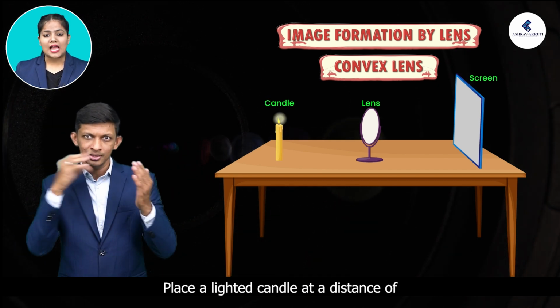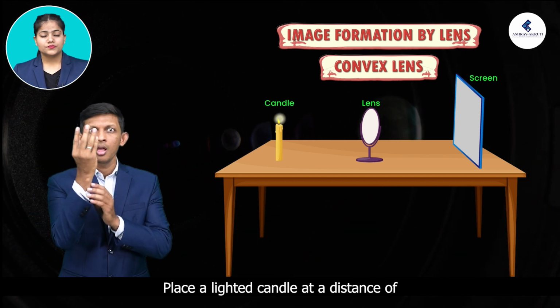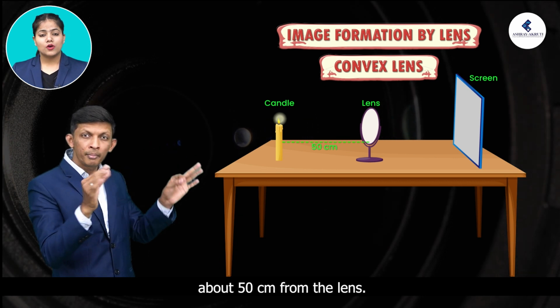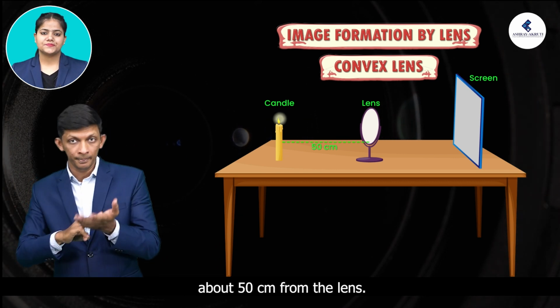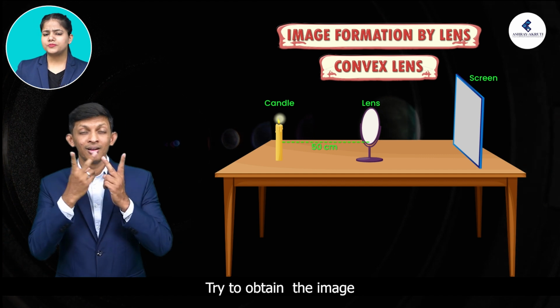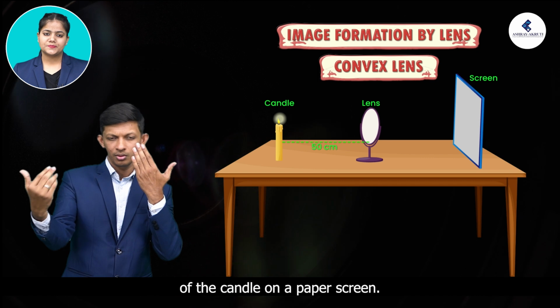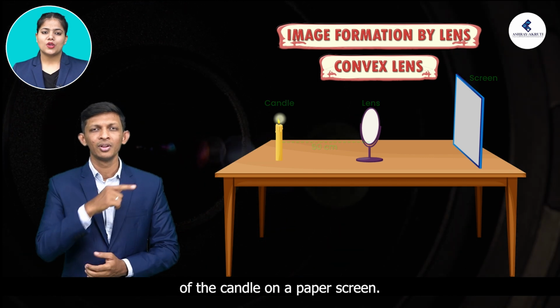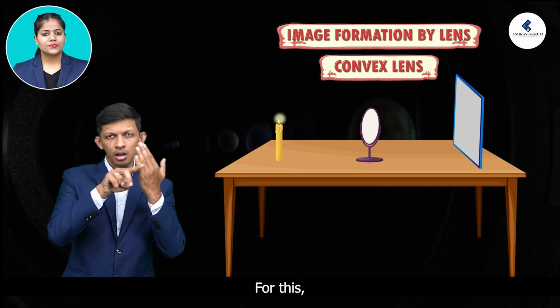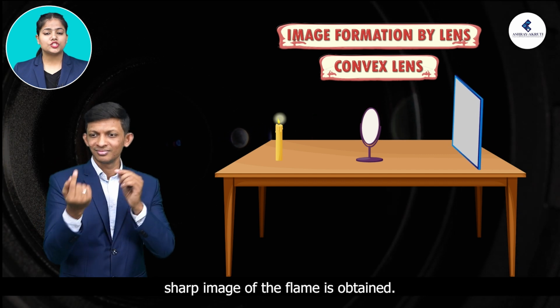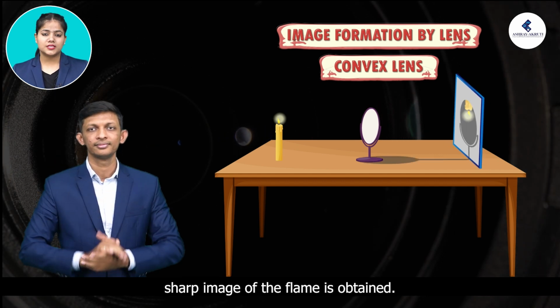Place a lighted candle at a distance of about 50 cm from the lens. Try to obtain the image of the candle on a paper screen. For this, move the screen till a sharp image of the flame is obtained.